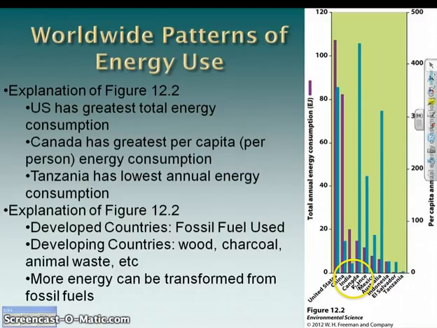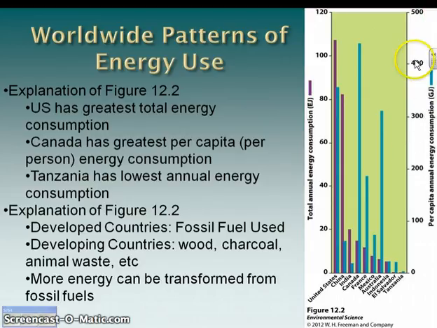Talking about the worldwide patterns of energy use, our graph here shows us two things. First of all, it shows us our total energy consumption, and then it also shows us our per capita annual energy consumption. Remember, per capita is per person.